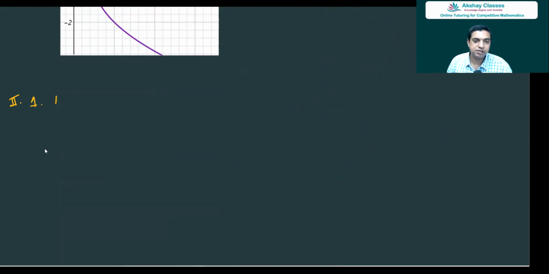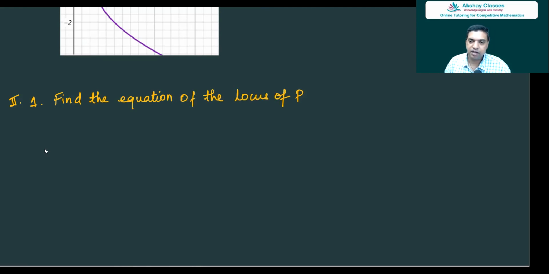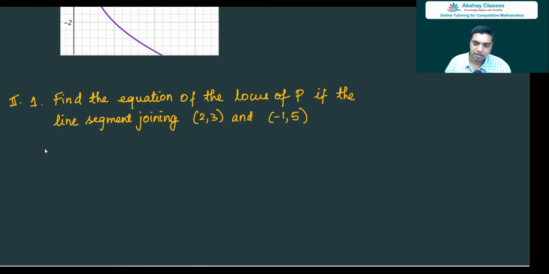Find the equation of the locus of P if the line segment joining 2, 3 and -1, 5 subtends a right angle.